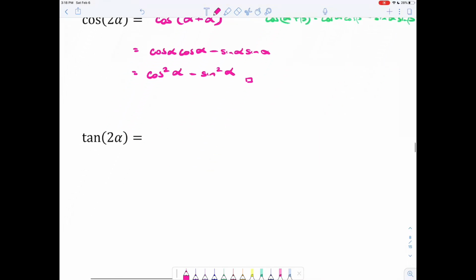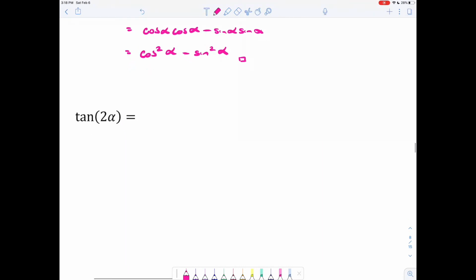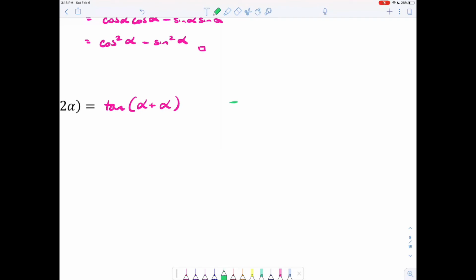Nice. And finally, tan of 2 alpha. We'll work with this similarly. We have tan of alpha plus alpha. Whoops. And we'll use the sum identity for tan. That says tan of alpha plus beta is a whole bunch of stuff over 1 minus their product, I think it was.